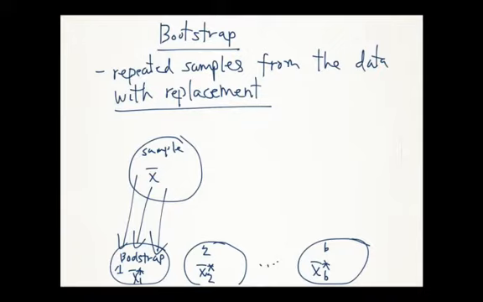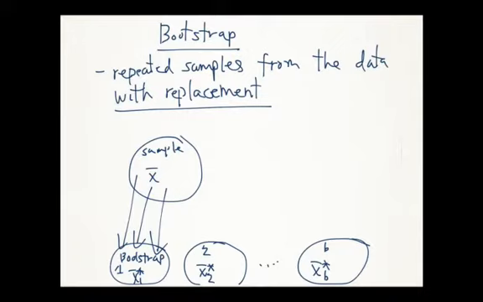So now what we're doing is we're resampling the data that we already have to get a set of estimates from the sample mean based on bootstrap samples. Okay? And when we say with replacement, we'll make that a bit more clear with an example. But the key is that this is repeated samples from the data with replacement.